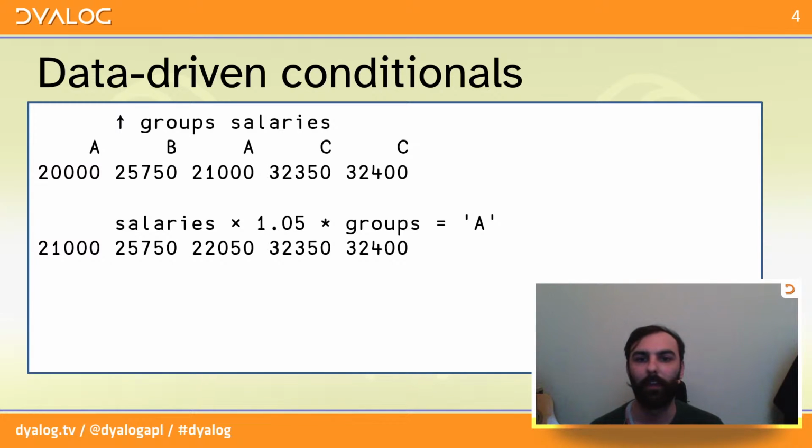So in this case, we're adding 5% to salaries which correspond to group A. And this has a couple of advantages. One is that there are no branching statements, no conditionals, so this statement is inherently parallelizable. Another thing that's quite neat is that in the single line, it somewhat reflects the plain English language description I gave, right? Salaries increased by 5% where the groups are A, for example.